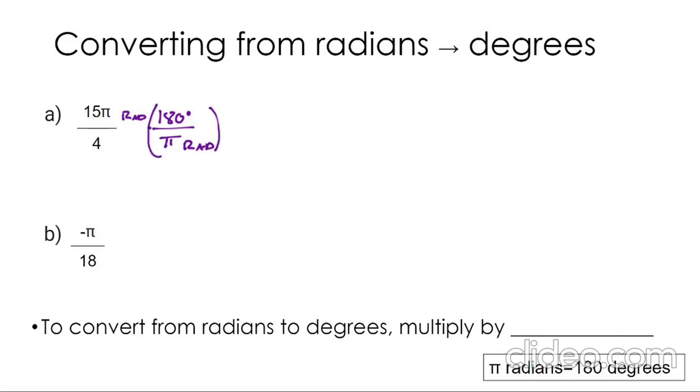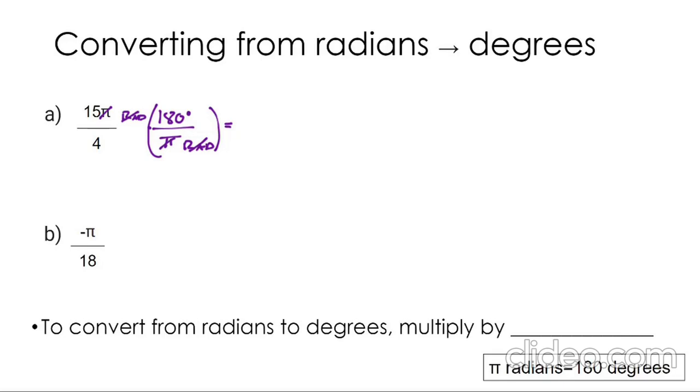There are a few different ways you could think about this to help it make sense. Since 180 degrees is equal to pi radians, this is like multiplying by 1. You're multiplying by something over itself, but we're just changing the units, because radians over radians cancels. And then your pi's are going to cancel because pi over pi cancels.